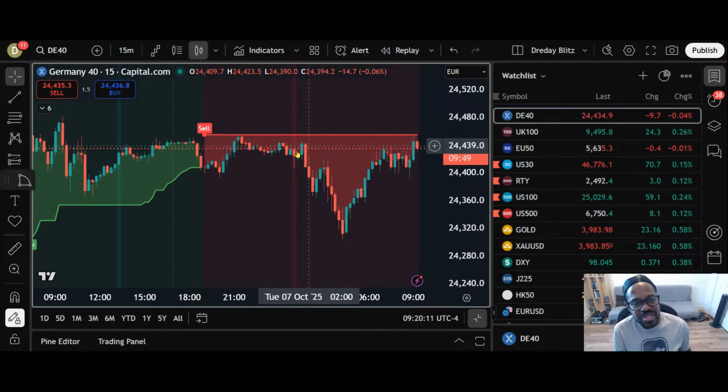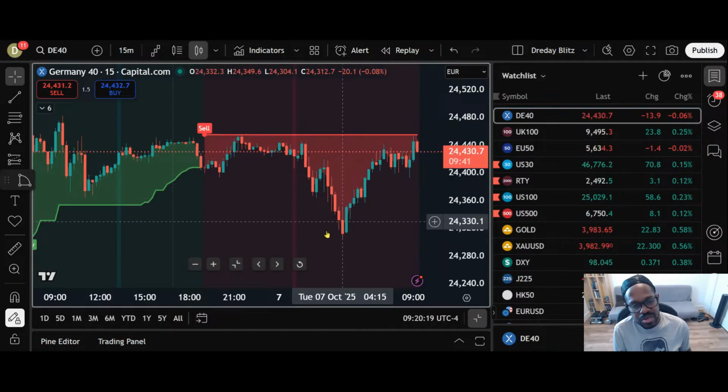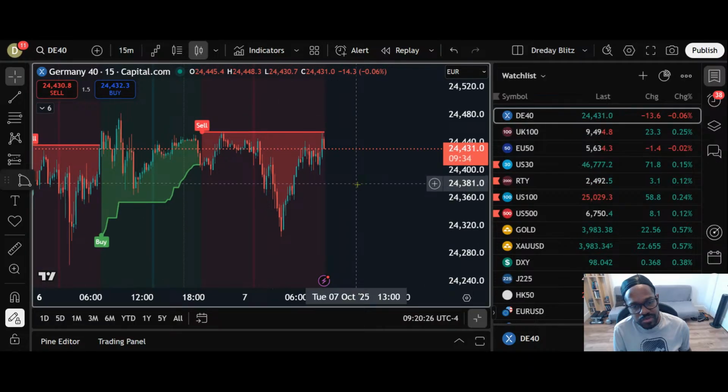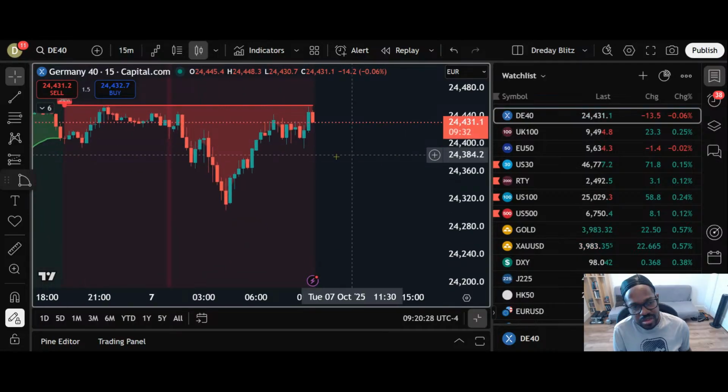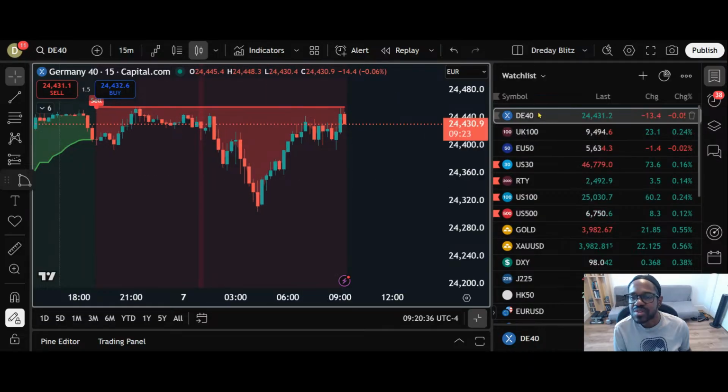We did have a sell here at German, pretty much right here, and it broke down. So it was a small scalp to the downside. Then it started to reverse off of a support zone and bounce off of it. So if you had taken those two entries that we had at London, you would be in profit. You would have to get out at that point before that reversal.